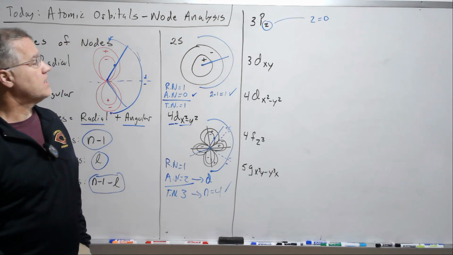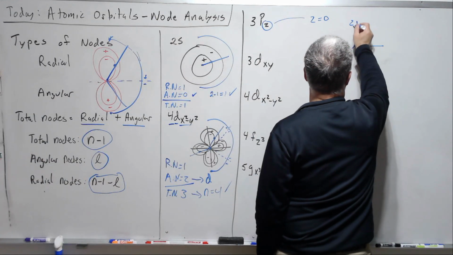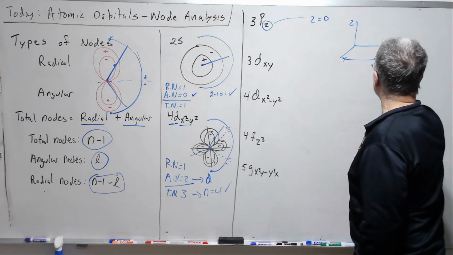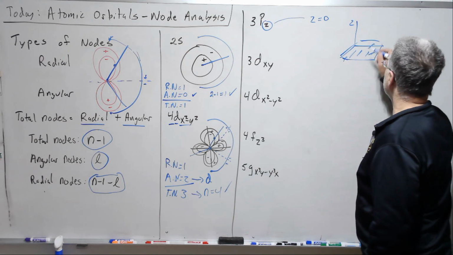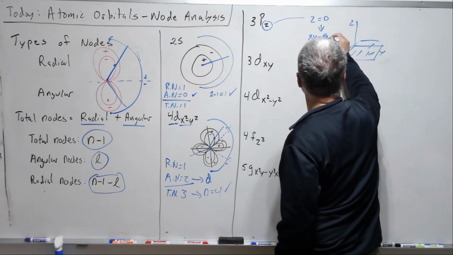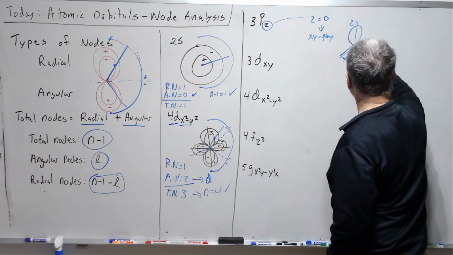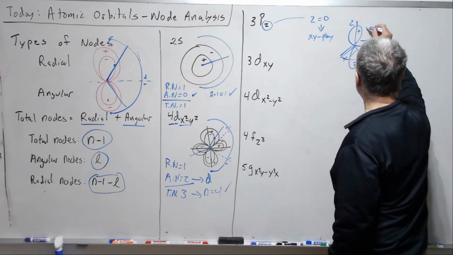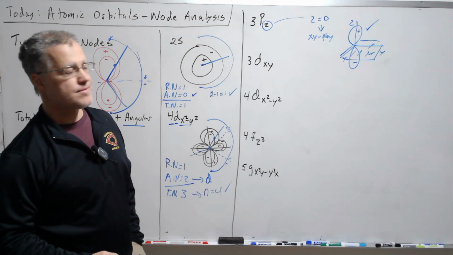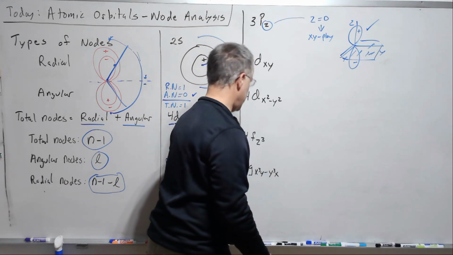So here, it's a plane, because if we look at the 3D coordinate system, z equals 0 is the xy plane. So this implies the xy plane. And so the node lies on the xy plane. Therefore, the lobes are above and below, plus minus, which is precisely the 2pz picture that we have. Okay. So you take the subscript, set it equal to 0. Let's look at a different one.